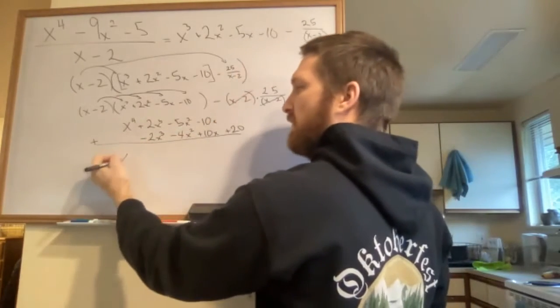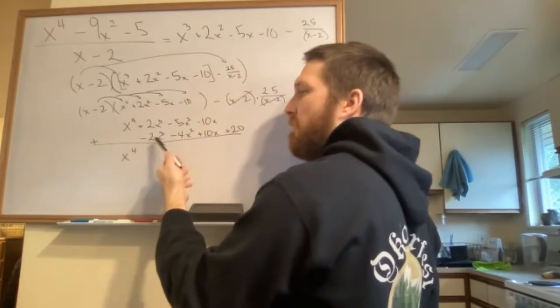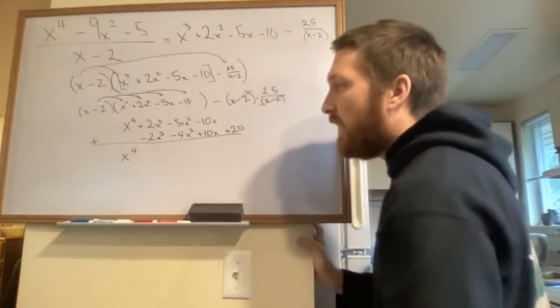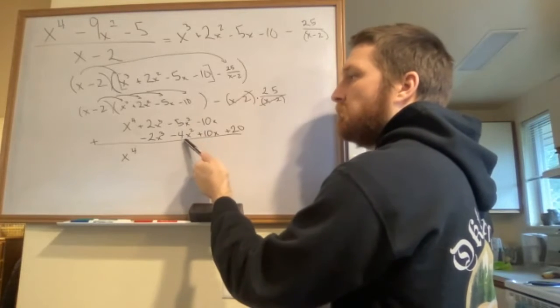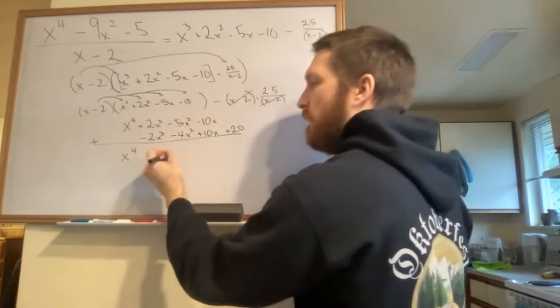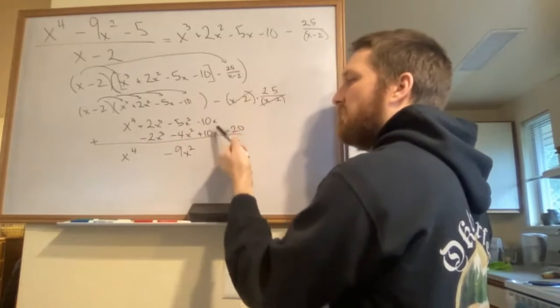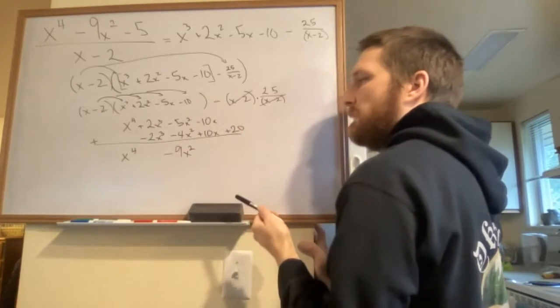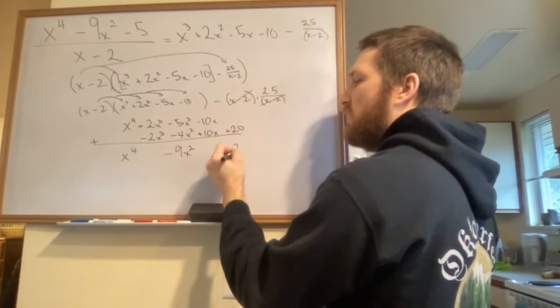X to the fourth stays put. Plus 2x to the third minus 2x to the third is gone. Then minus 9x squared. The x terms give me a big 0. And then finally plus 20.